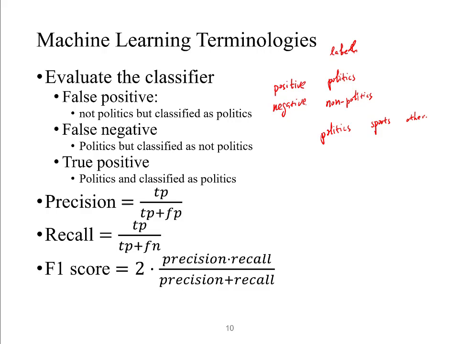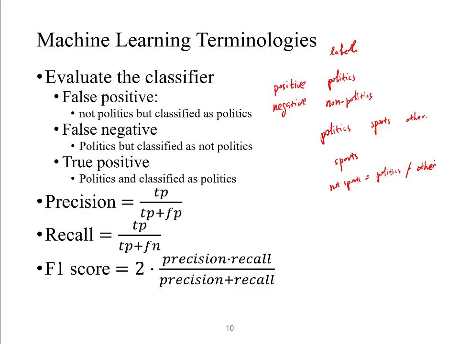In order to compute the false positive, false negative, and precision, recall, and so on, we need to decide what is positive first. So what we do is we select one of them as positive. For example, we take sports as positive, and everything that is not sports, which is politics or other, would be considered as negative.